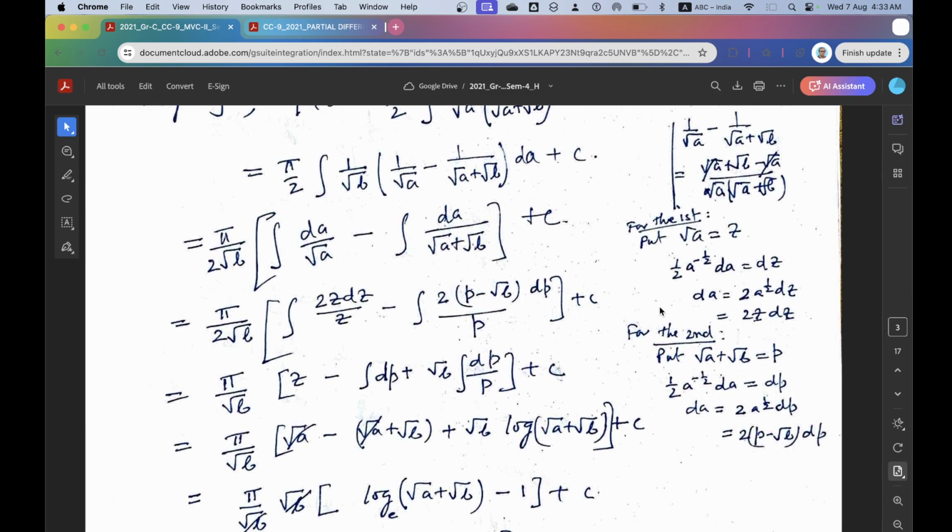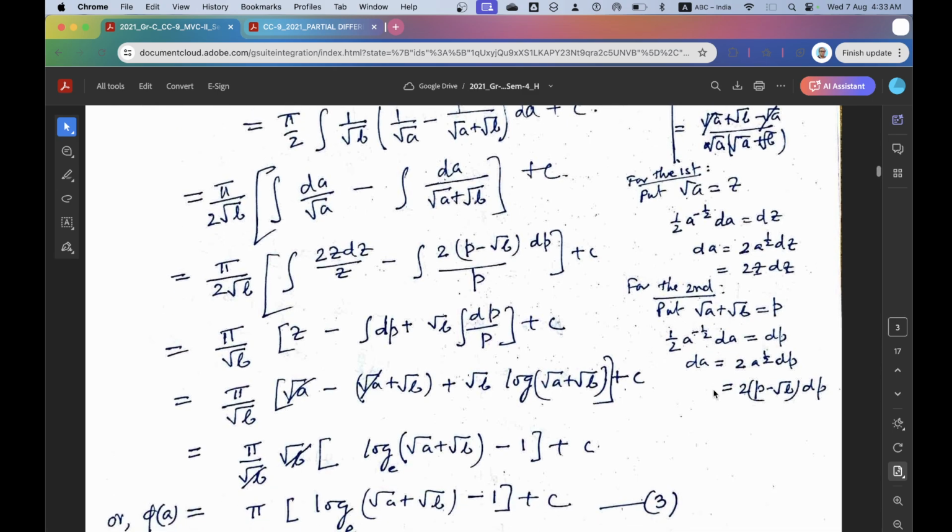For the first integral, put square root of a equal to z. So integration twice z dz by z, and for the second integration, put square root of a plus square root of b equal to p. So we get integration 2 into bracket p minus square root of b into dp whole divided by p, plus c.